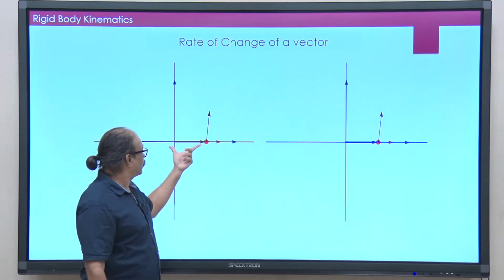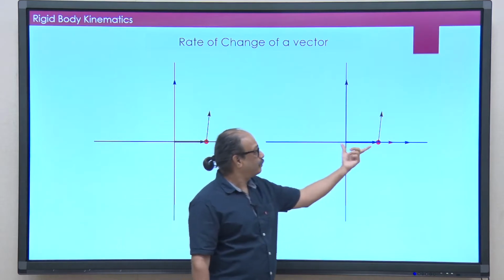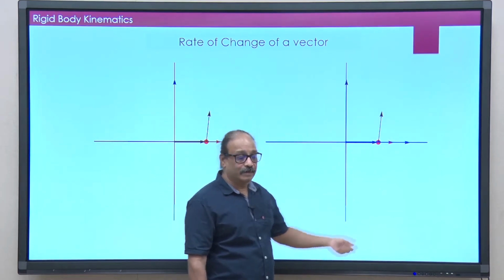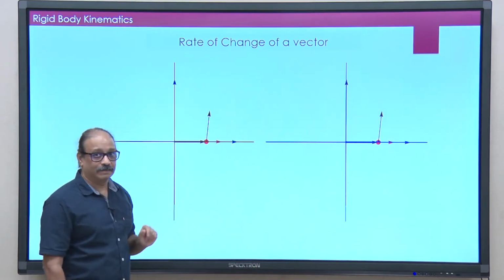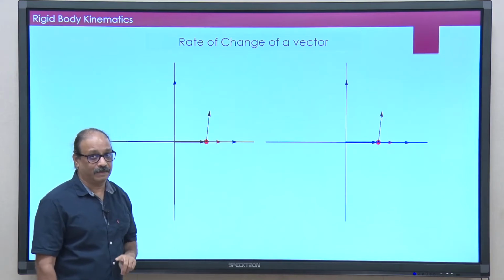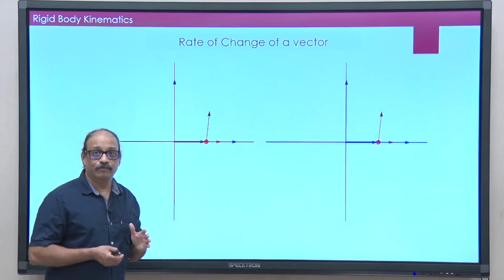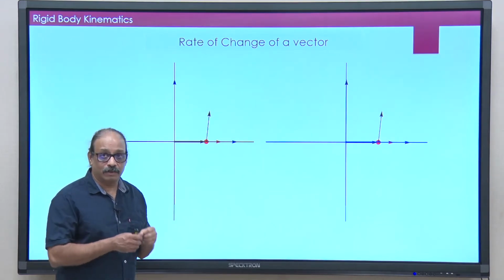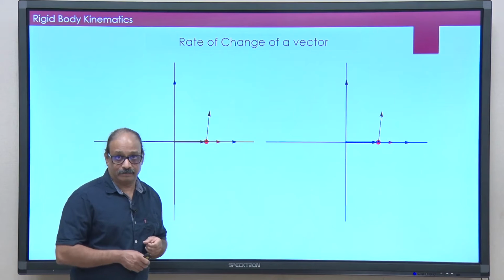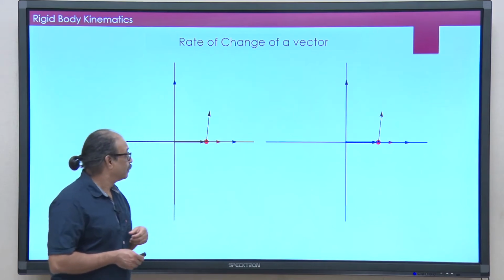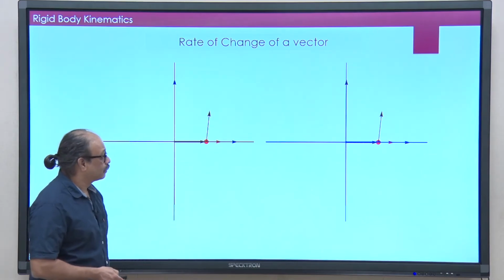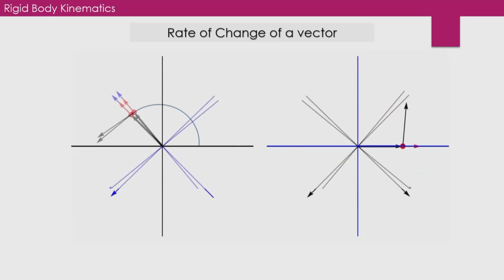Remember, r vector and r prime vector are the same, but v vector and v prime vector are not the same, and that is because one frame is moving and the moving frame will add its own contribution to the time rate of change of the vector. So, what you would see is basically something like this.